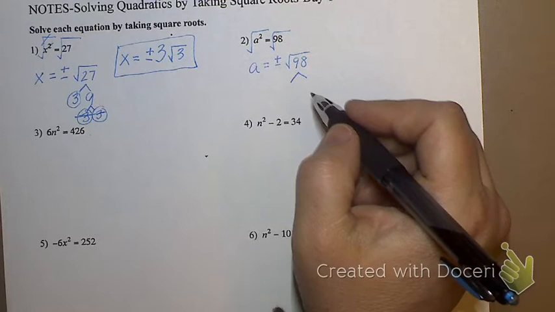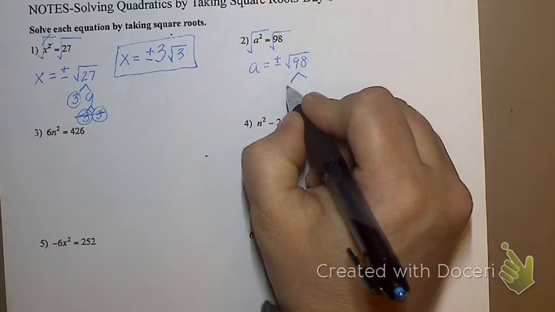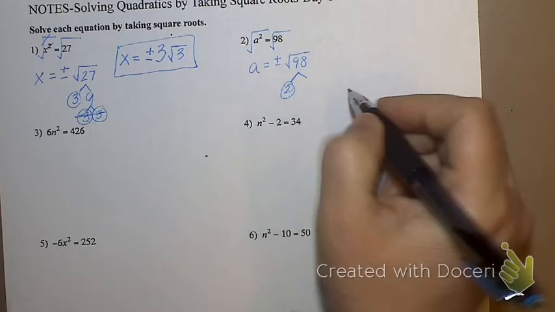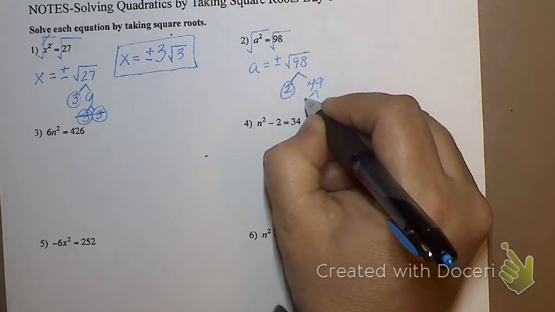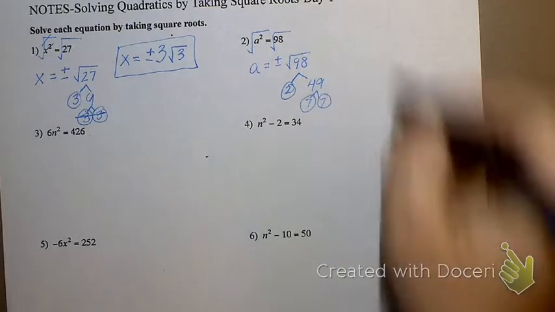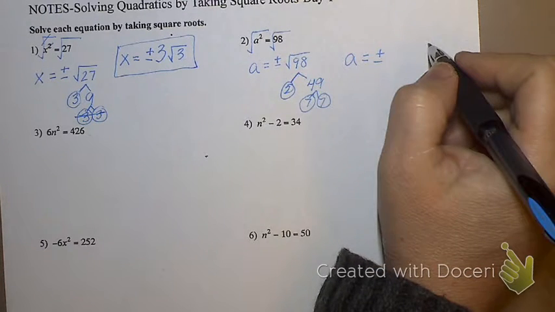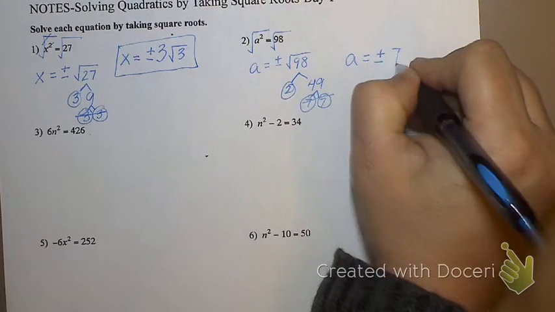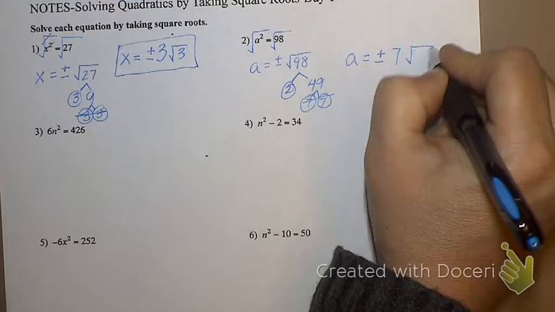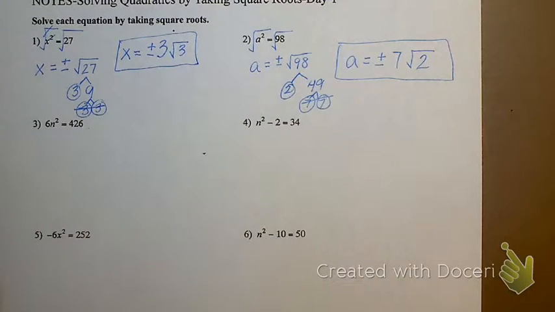What are 2 numbers that multiply to get 98? Well, I don't know off the top of my head, but since 98 is even, it's going to be 2 times something, right? 2 times what? 49. 49 I know is 7 and 7. So, as I write my final answer, what's going to come out of the radical? The pair, the 7. And then inside I have a 2. Again, that plus or minus sign just stays out in front. Pretty easy so far?